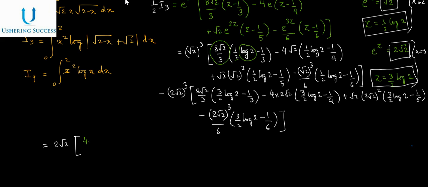So 4 root 2 by 3, and then I have half and 4 root 2, so minus 2 root 2, and then I have 2 root 2 whole square by 2, which is plus root 2, and then I have root 2 whole cube is 2 root 2 divided by 2, so root 2 by 6, so minus root 2 by 6.